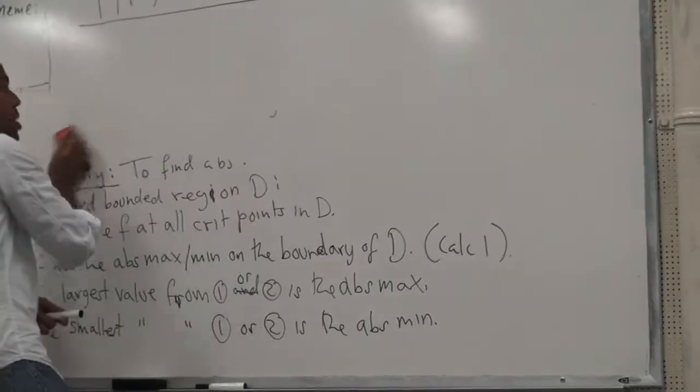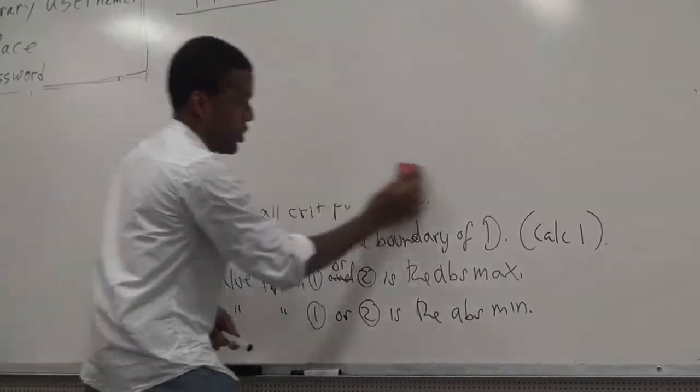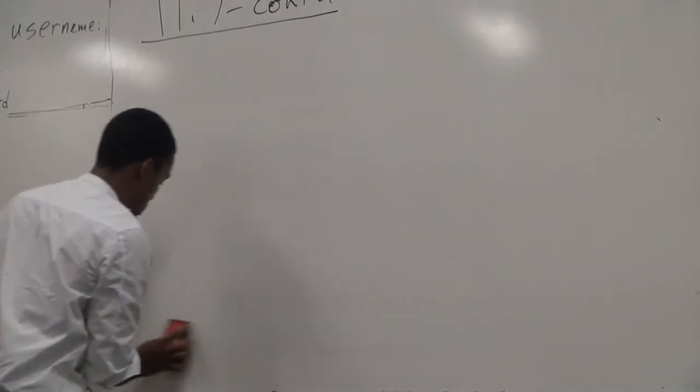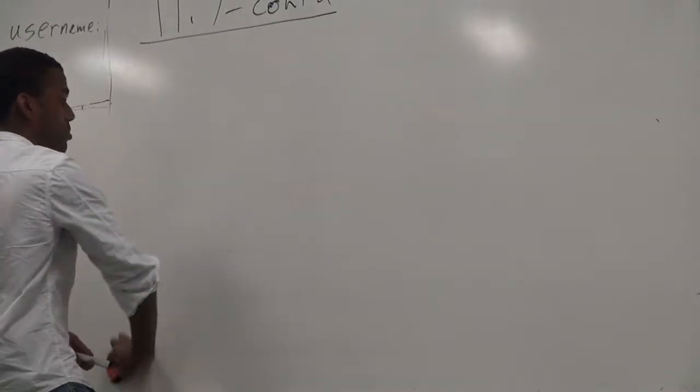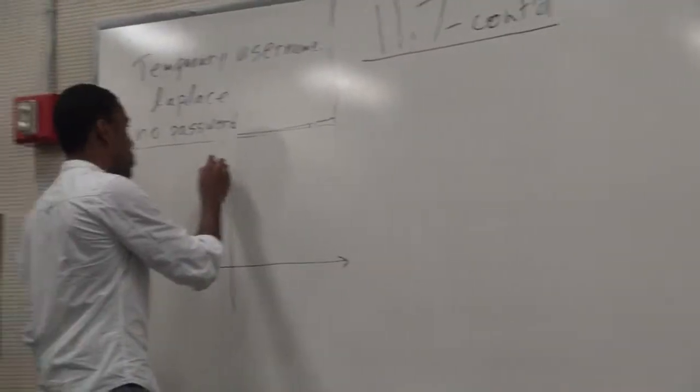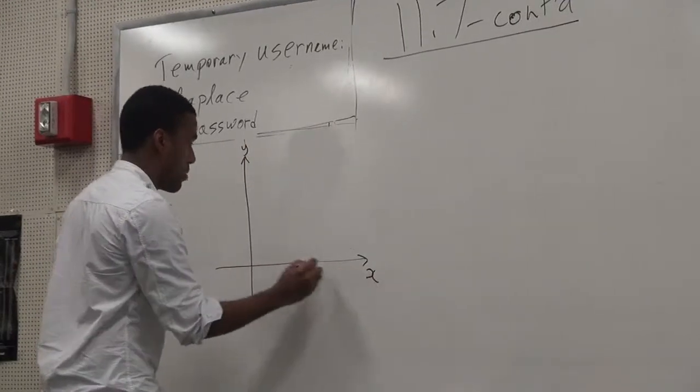So here's how you test the boundary in a calc 3 situation. How many boundaries are we concerned with here? 4. There are actually 4 different boundary curves that we have to worry about.